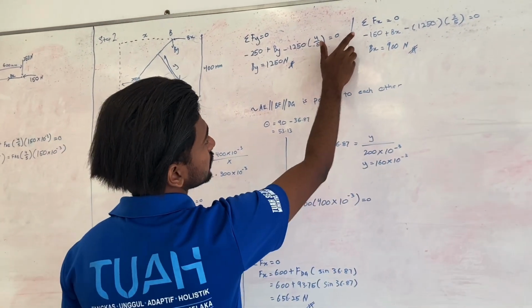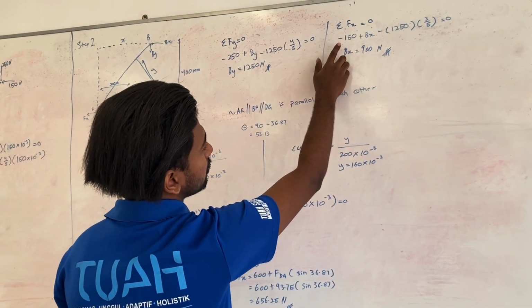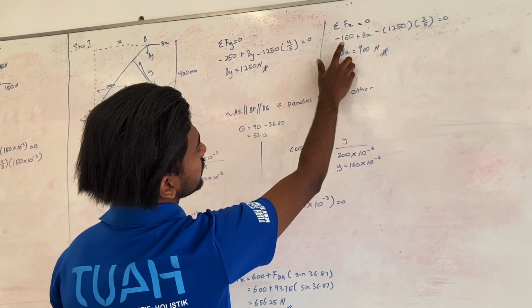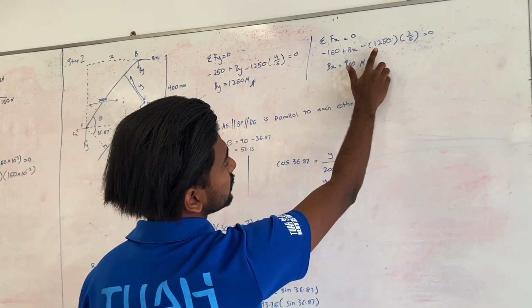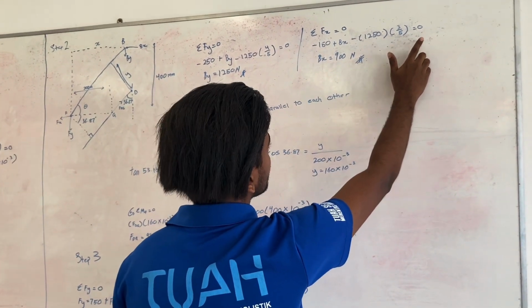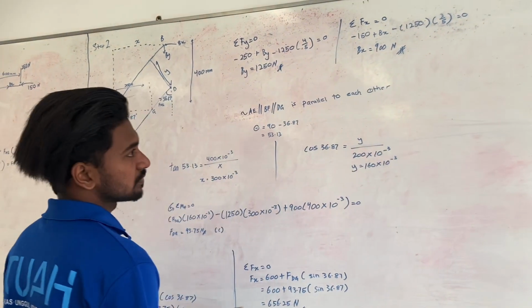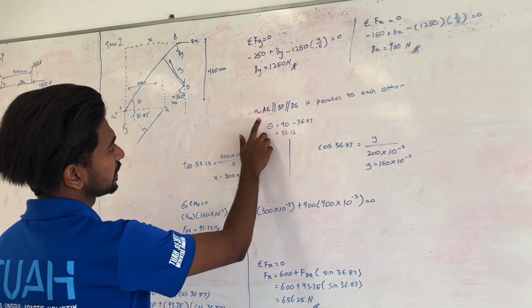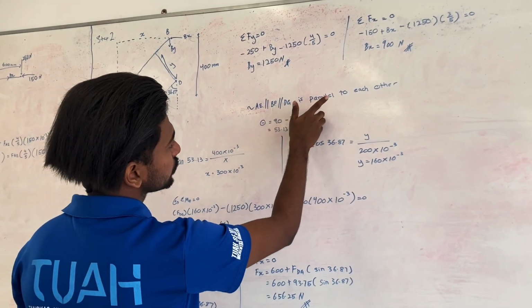For summation of forces on x-axis equals 0, minus 150 plus Bx minus bracket 1250 bracket 305 equals 0, and Bx we got 900 Newton. So we can simplify: AE, BF and DG are parallel to each other.